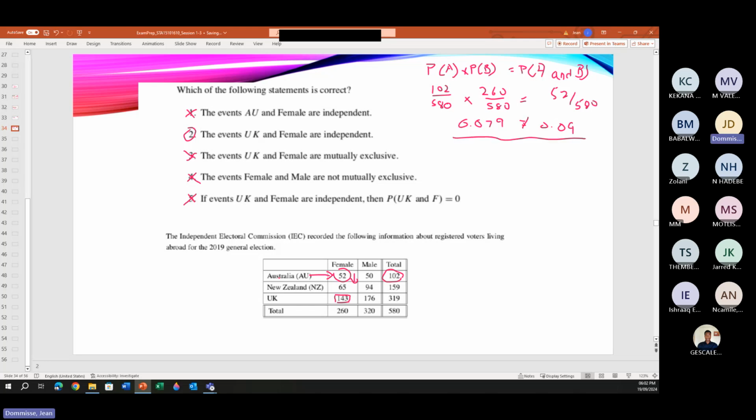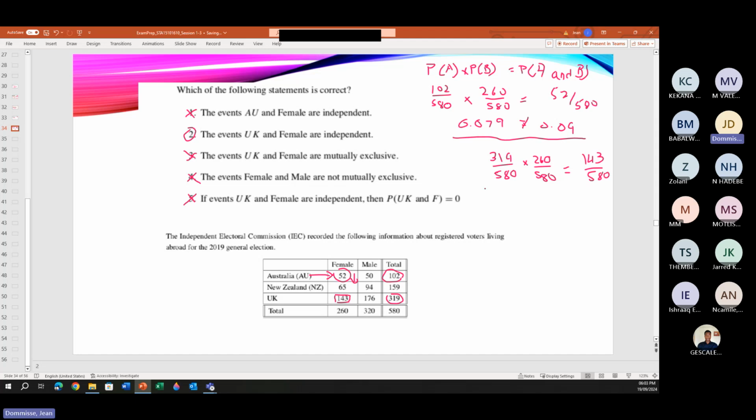So UK and female, so let's look at UK. 319 divided by 580. Female we now know is 260 divided by 580. And that should then be equal to female and UK, which is 143. Let's hope this one is at least correct.